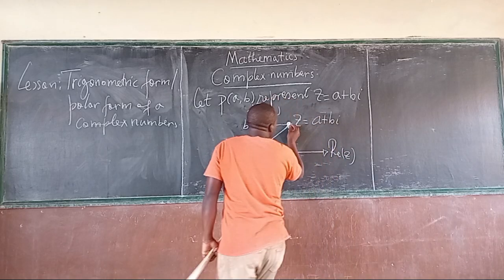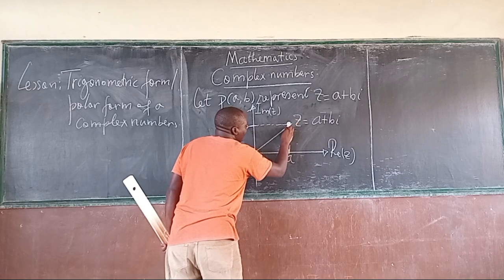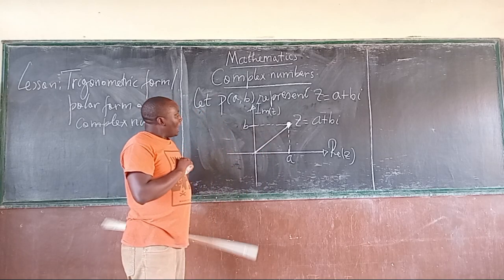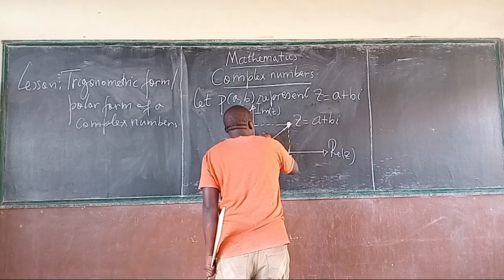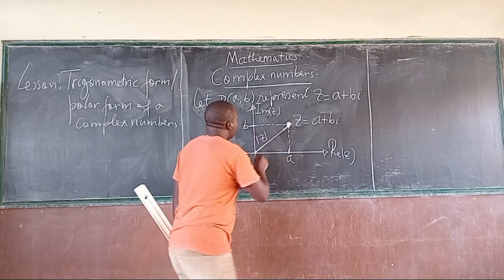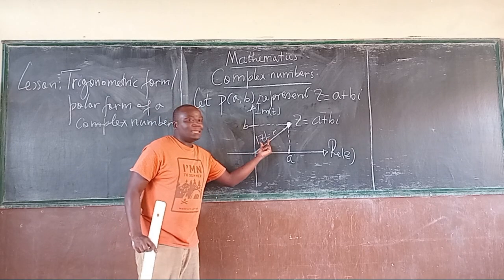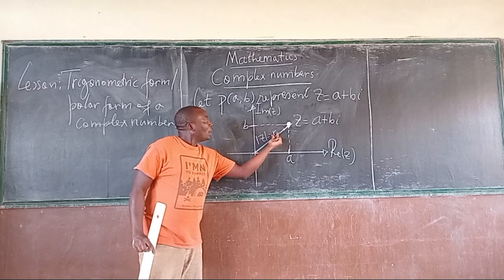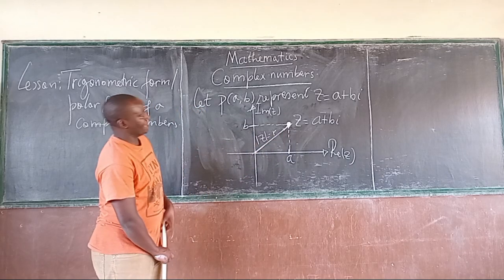As you see, teachers, this vector formed from my given complex number z to the origin of our Argand diagram represents the magnitude of complex number z, the same as the modulus. You can use the absolute value of z, or you can use small letter r to denote the modulus of a complex number.